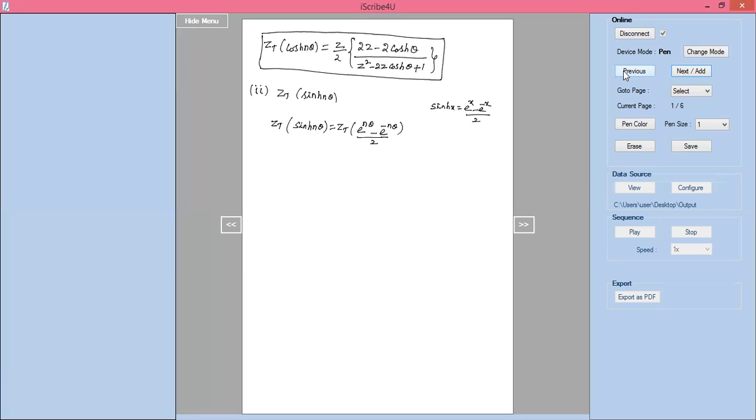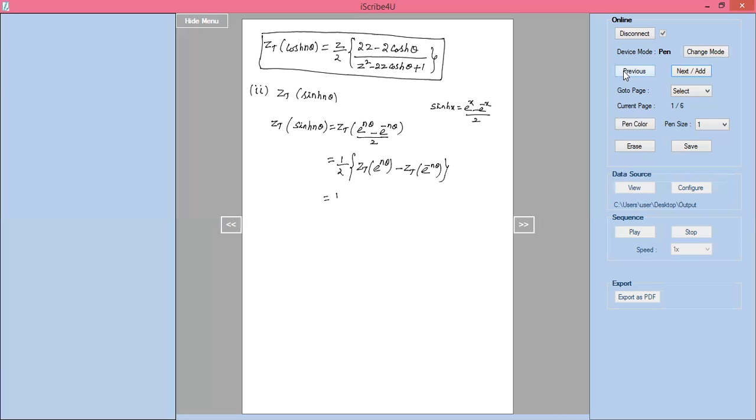Now I'll write this one in the form of 1 by 2. I will take it outside: Z transform of e power n theta minus Z transform of e power minus n theta.